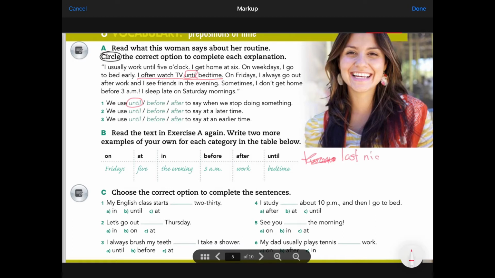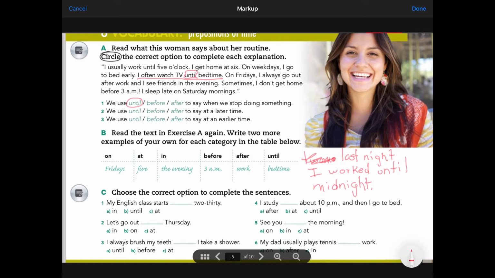Last night I worked until midnight. Okay, and this is true. Last night I worked until midnight.